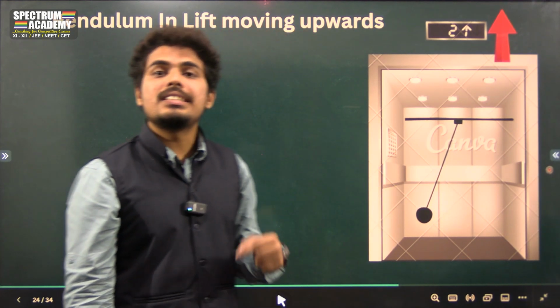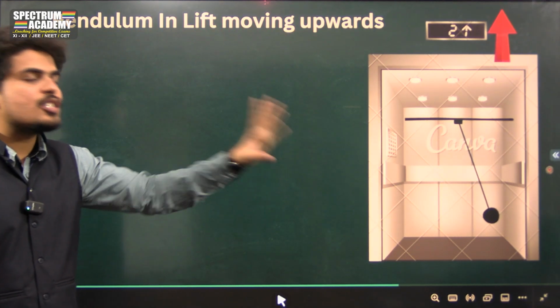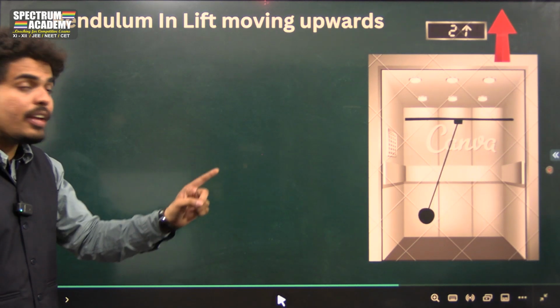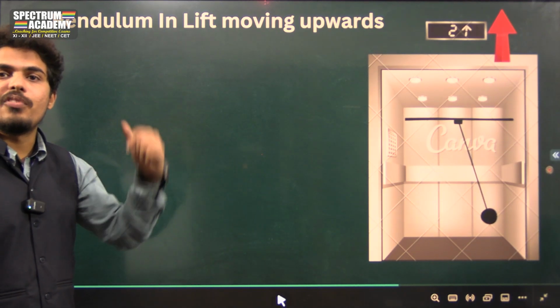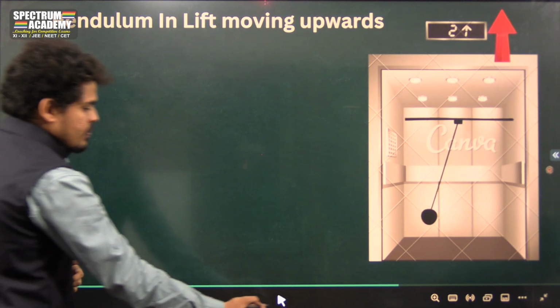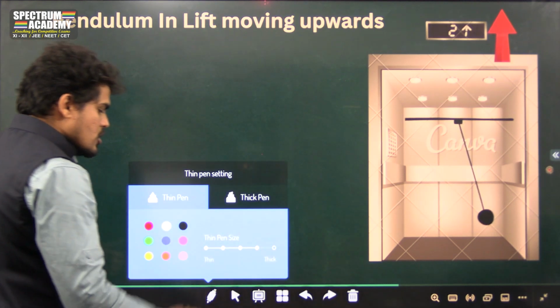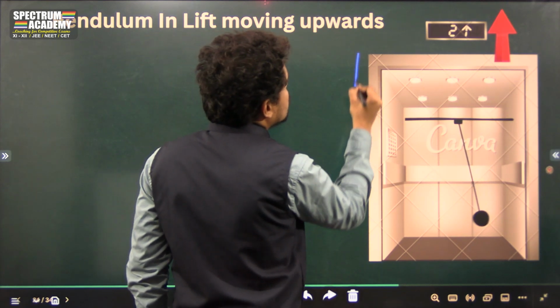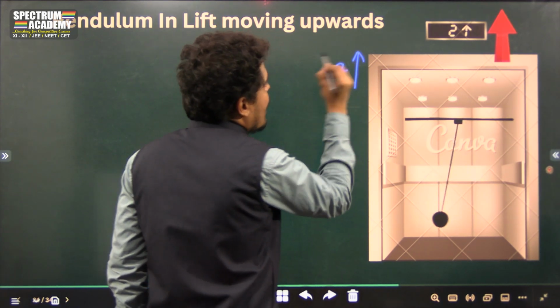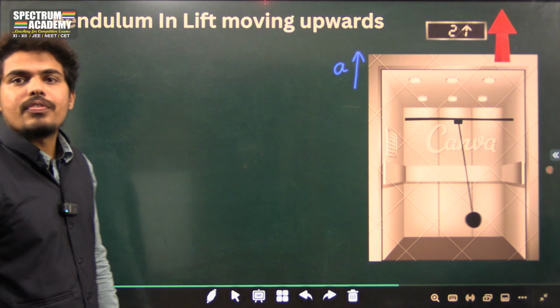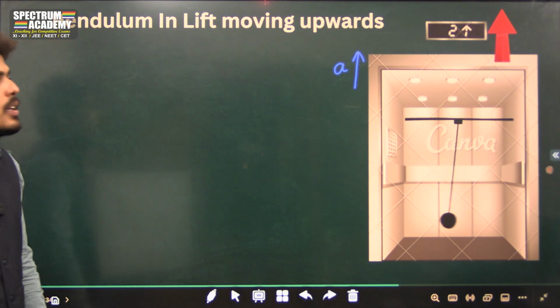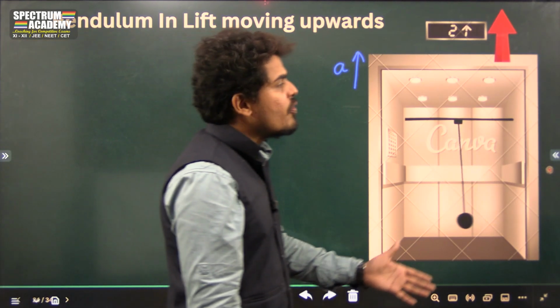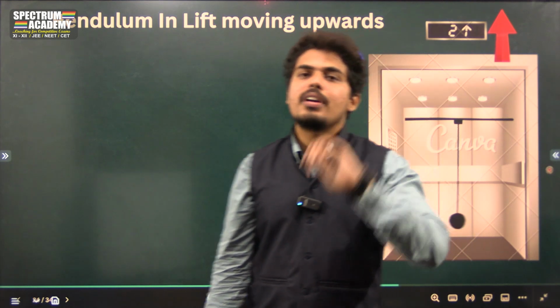Now we have to determine the period of this pendulum in the lift, and the lift is moving upwards. So the lift must have some acceleration. Let us consider the acceleration of the lift is a, that means the lift is moving with acceleration a in the upward direction.